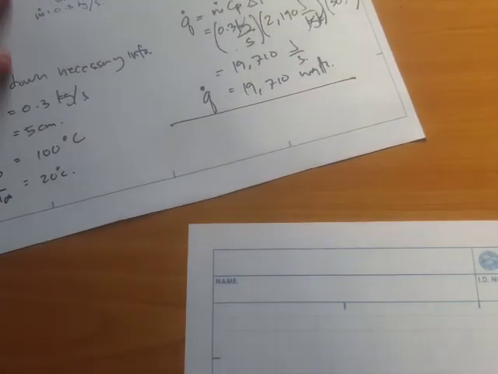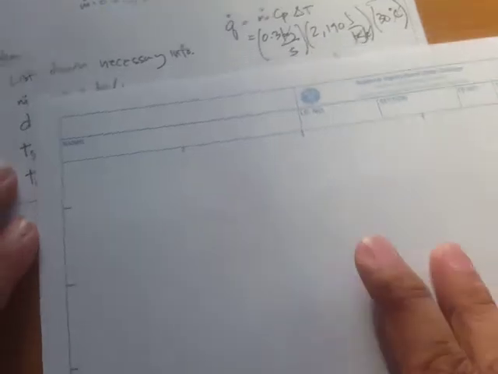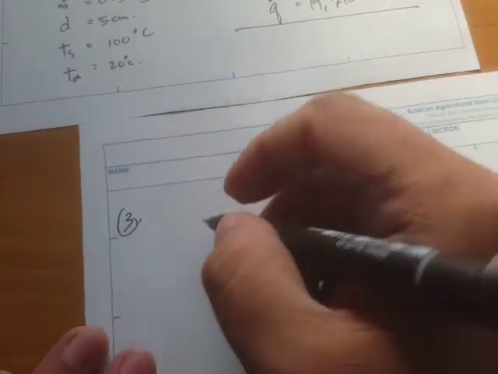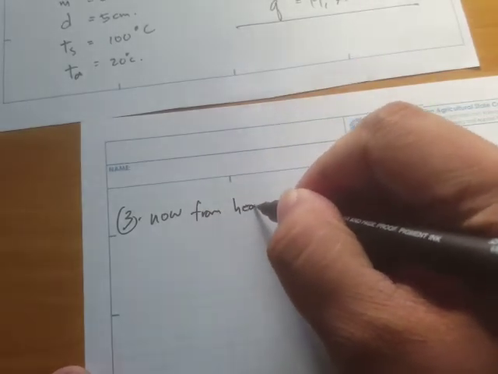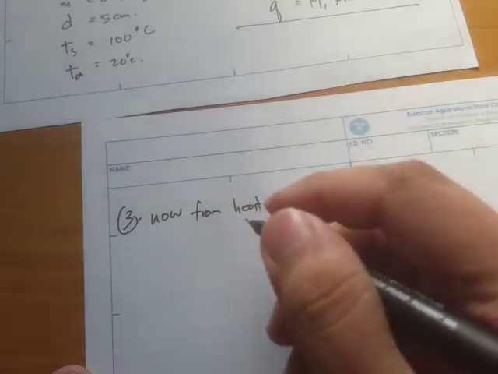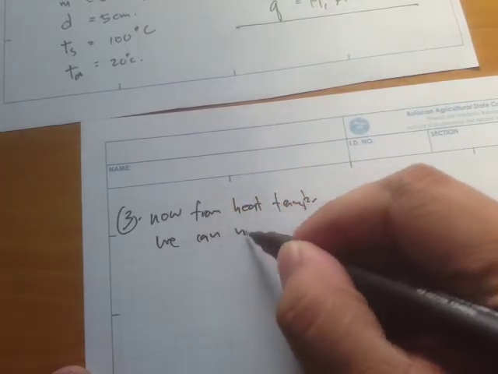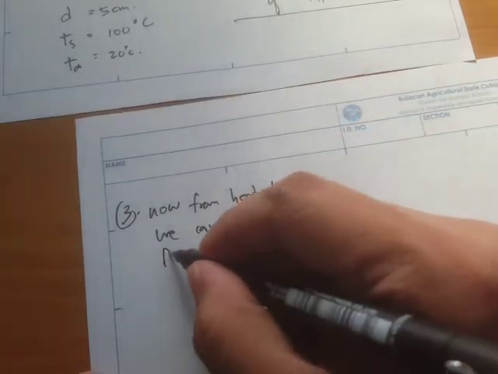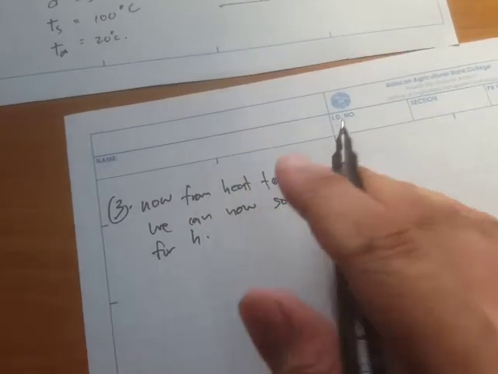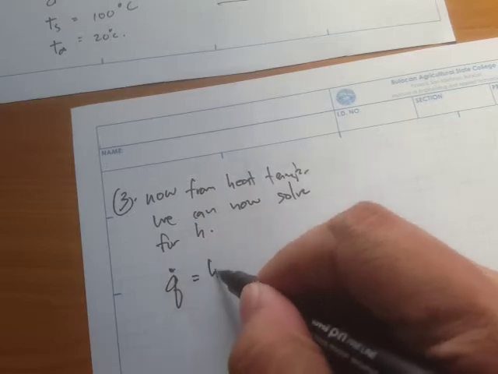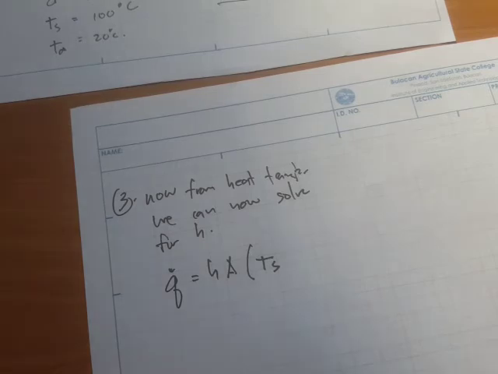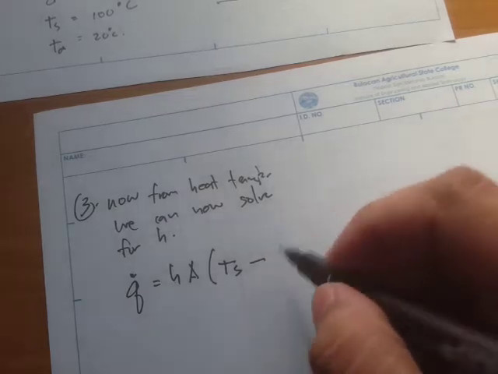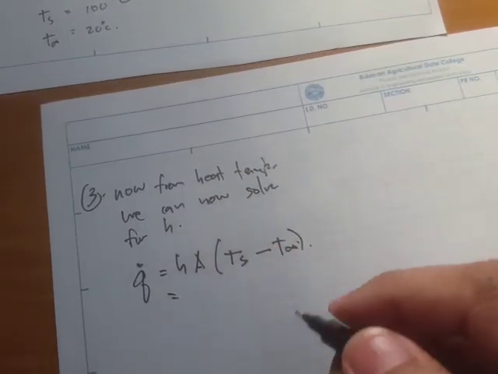Okay, the next step is, from heat transfer, we can now solve for h. So Q dot is equal to hA times (Ts minus T of the fluid).